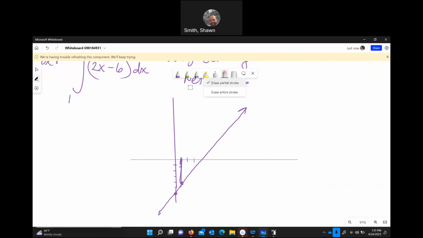Of course, if I had some nice graph paper, I could draw this a lot better. 2, 3, 4, 6. Putting in 6 in there makes 6 up here, right? 2 times 6 is 12 minus 6. We draw it there, 1 and 6.